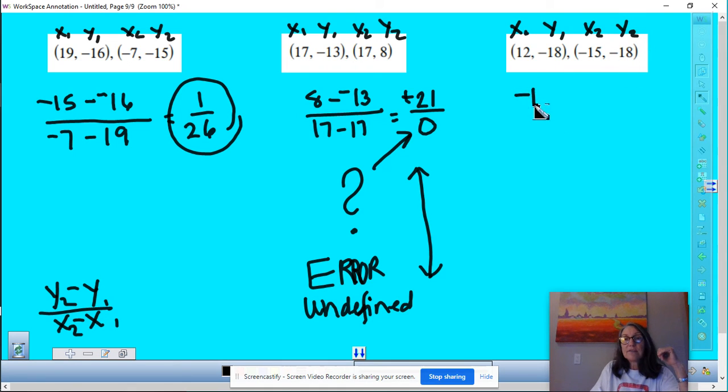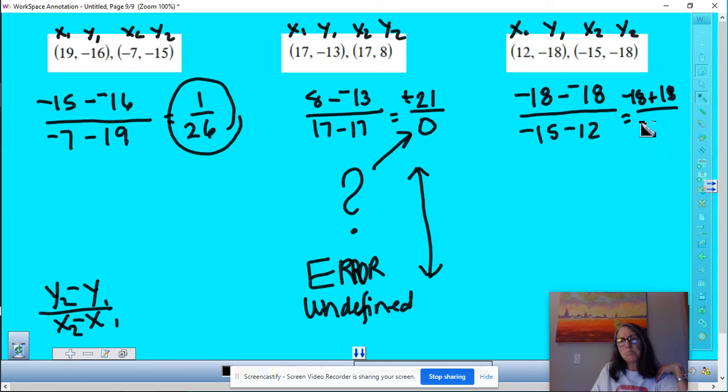Let's do this. Negative 18 minus negative 18 over negative 15 minus 12. That gives us negative 18 plus 18. Well, this down here is going to be a negative 27, but wait a minute, that on top is going to be 0 over negative 27.